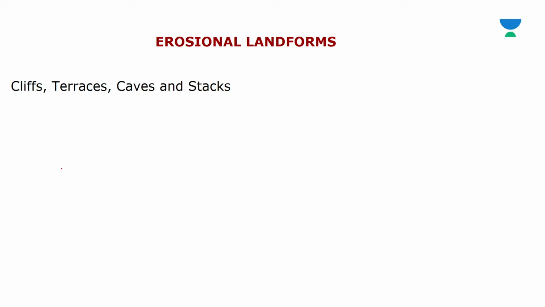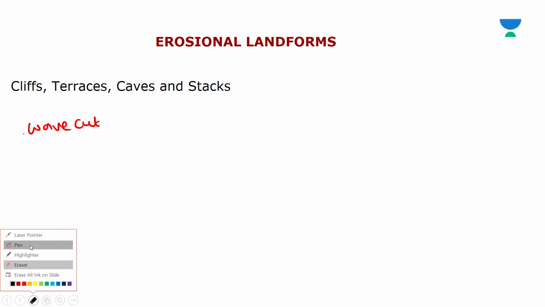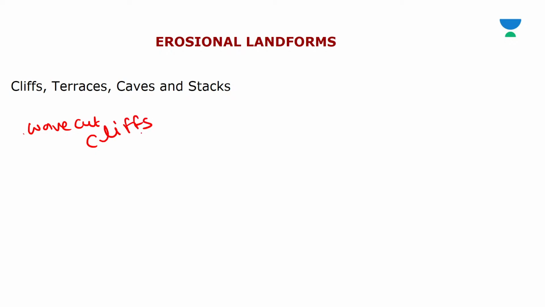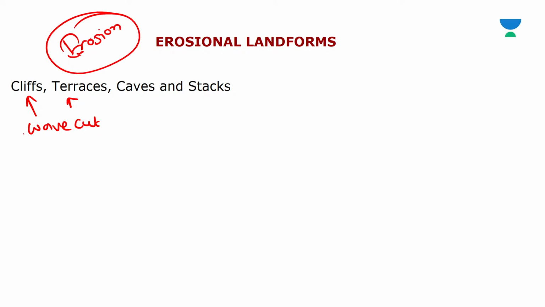Now, friends, wave cut cliffs and terraces are two forms usually found where erosion is the dominant shore process.